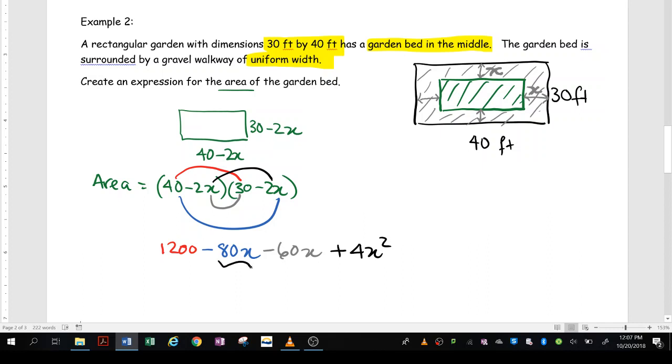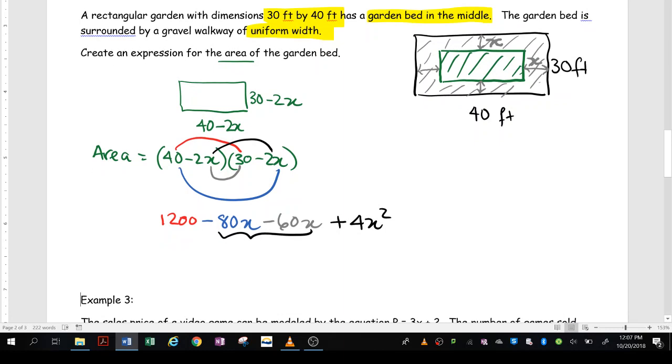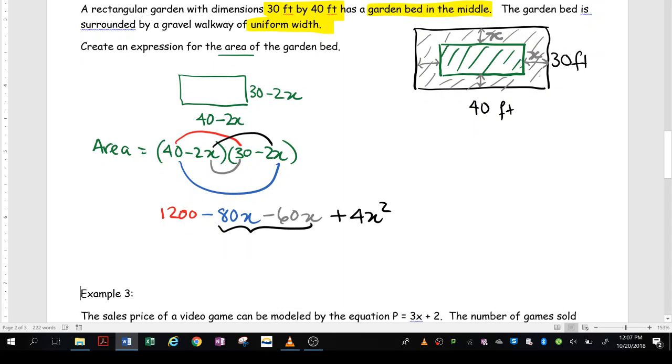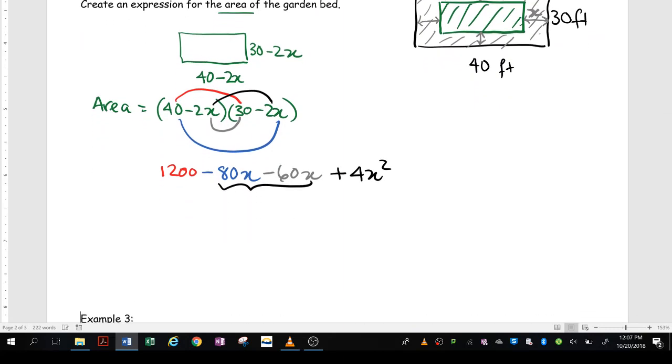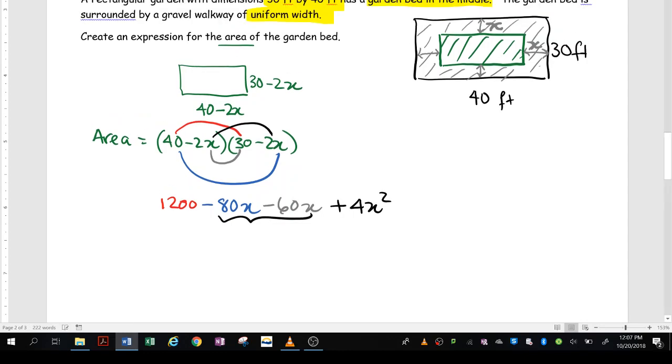Okay, let's combine like terms first, and then we'll rewrite this with our 4x squared first. So combining these two like terms, negative 80x minus 60x is negative 140x. And then we had 1200 and plus 4x squared.